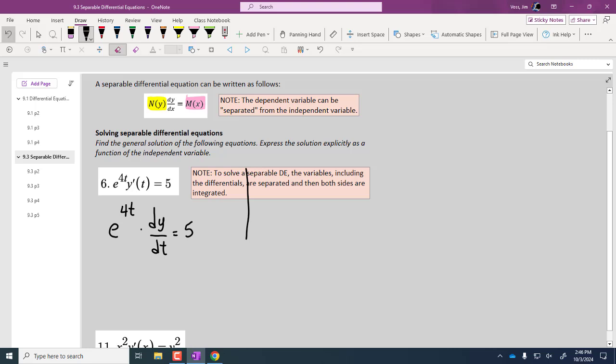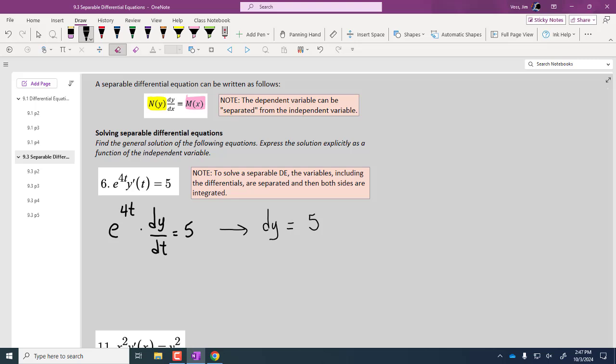To separate this, the y has to stay on the left, because to move that dy to the right would require division, and the dy would then be in the denominator, which does not make sense for integration. So the dy is staying on the left. The dt is going to the right. We want to separate the y's and the t's.